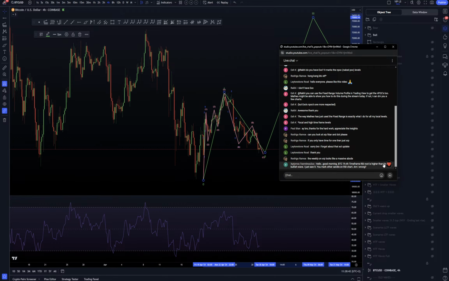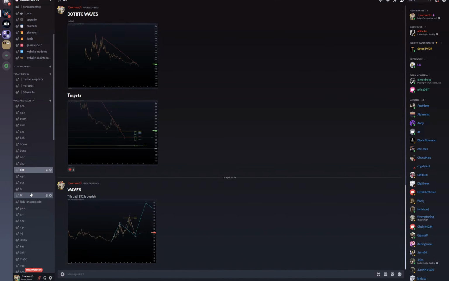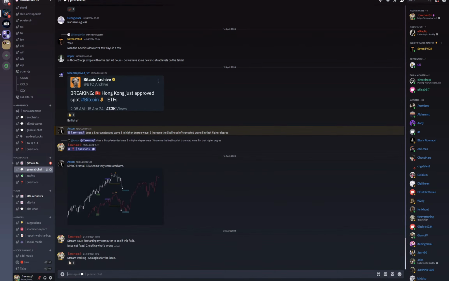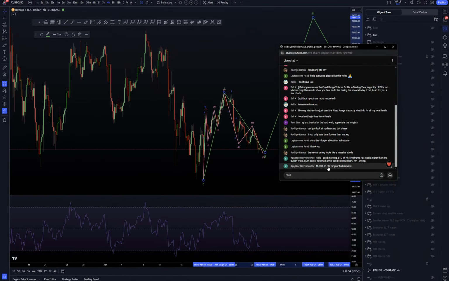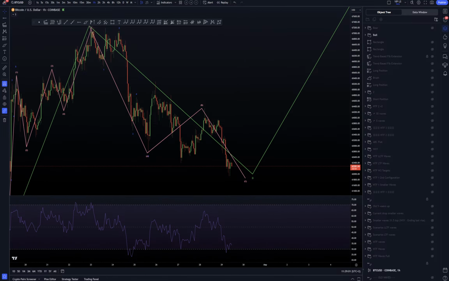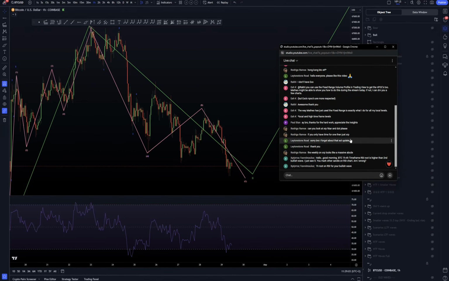I'm so sorry. If you can reformulate or just send me a screenshot on the Discord server, in any section really, General chat for example. It is just higher than the second bullish wave.